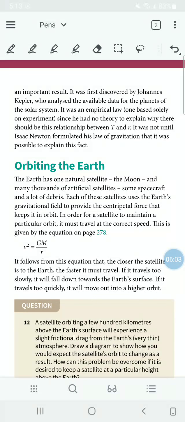Going forward with the lesson, orbiting the Earth has a natural satellite, the Moon, and thousands of artificial satellites, man-made satellites, and some spacecraft and a lot of debris. Spacecraft in the sense, International Space Station, where a lot of people are there right now.